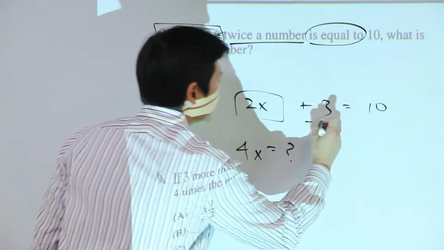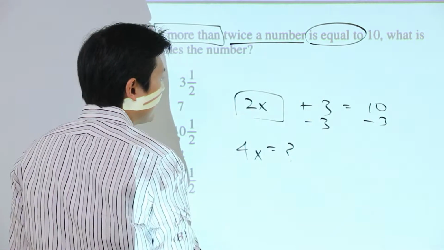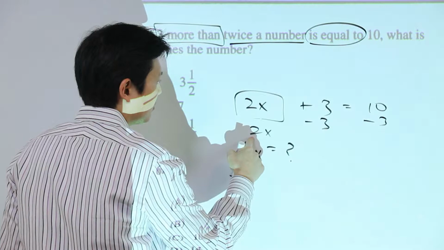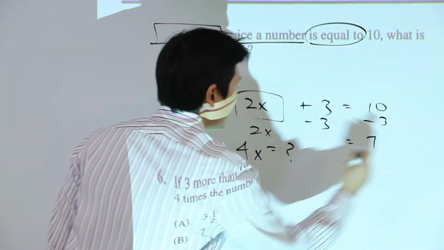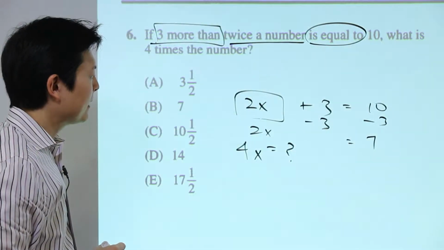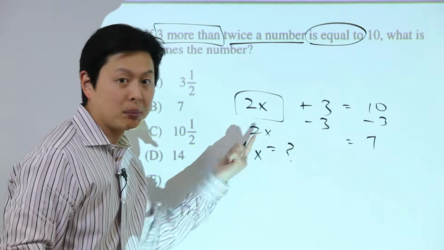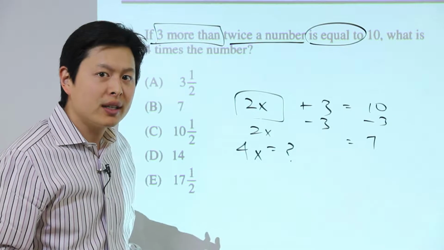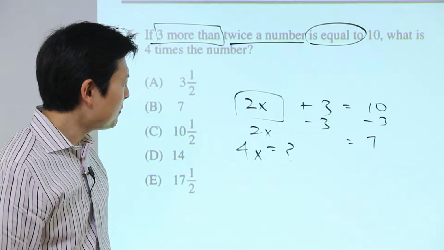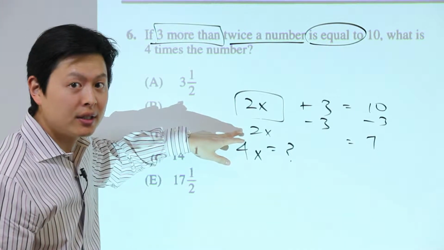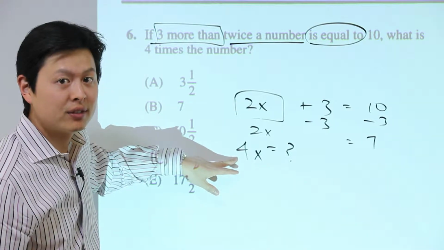You can subtract 3 from both sides, right? And that should give you 2x is equal to 7. Okay? Now, before you think about dividing both sides by 2 to find x and plug it in, what shortcut do you think there could be? How do you get from 2x directly to 4x? Do you see a shortcut?